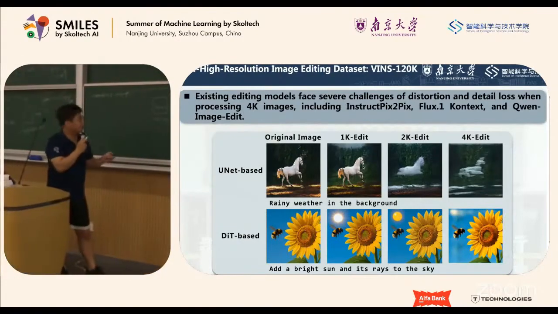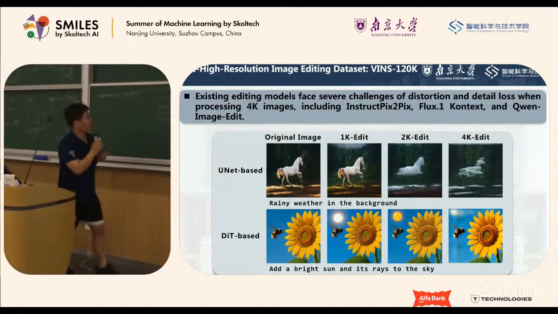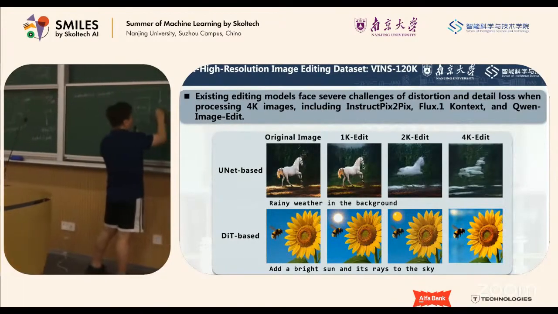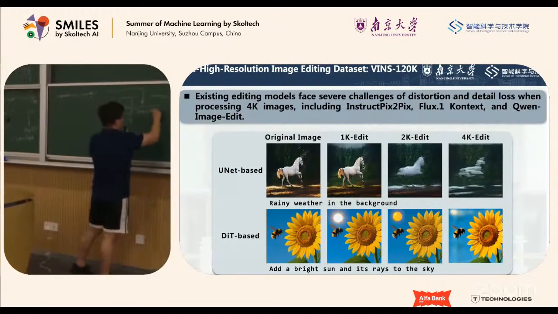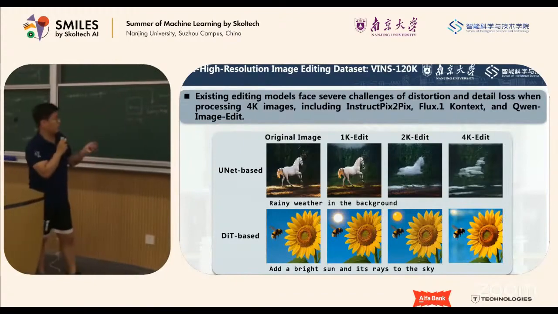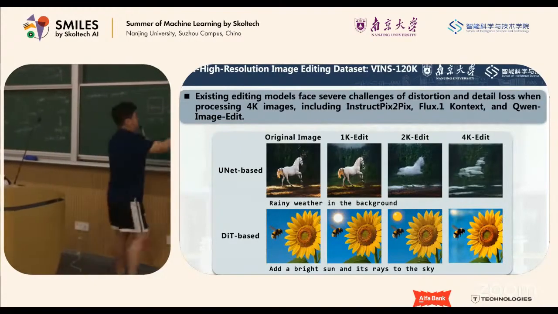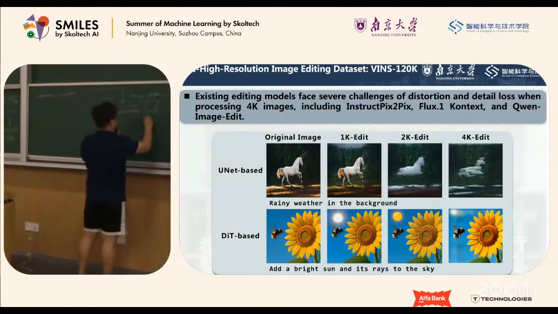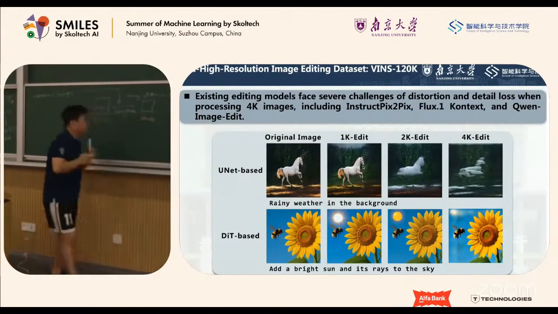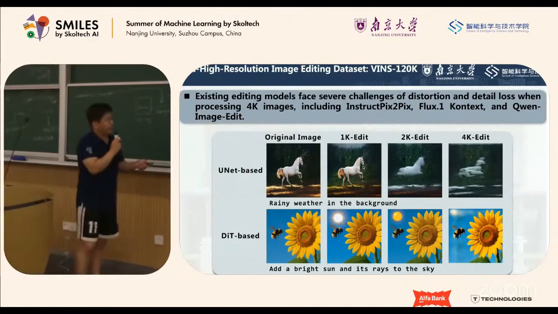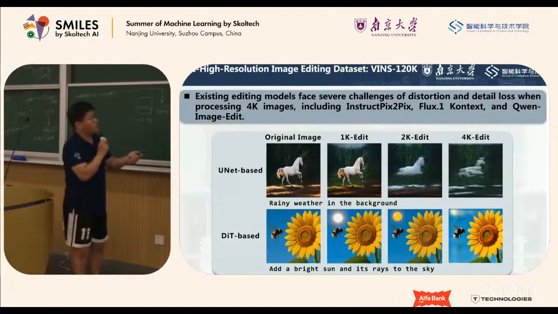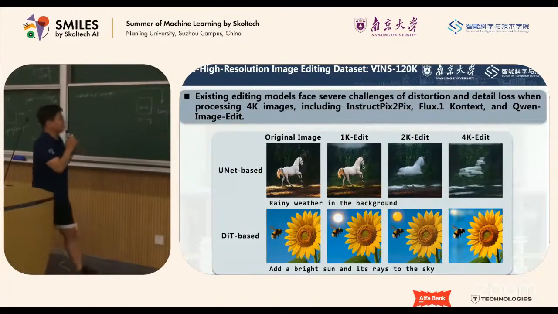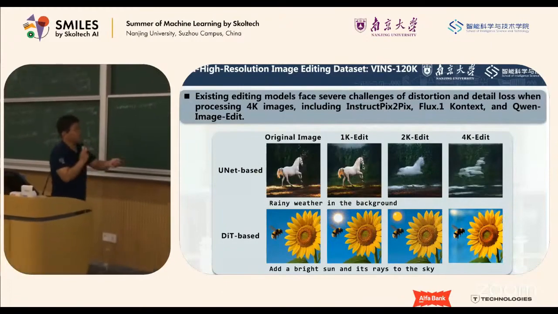Based on the instruction and the original image, we have a multimodal editing model, and we can generate a result image. Here is the result image at the 1K resolution. So this is instruction-based image editing.